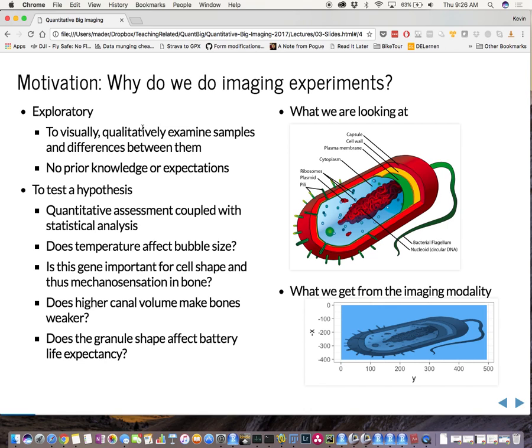If you've never looked at a brain before, when you take an MRI of a brain, you're not really trying to prove that you can find Alzheimer's or figure out how old a person is. You're just trying to look at the image of the brain and see what might be interesting inside and what some basic differences could be. This is where you don't really have any prior knowledge or expectations, and this is also an area where you don't necessarily need a lot of quantitative image analysis.